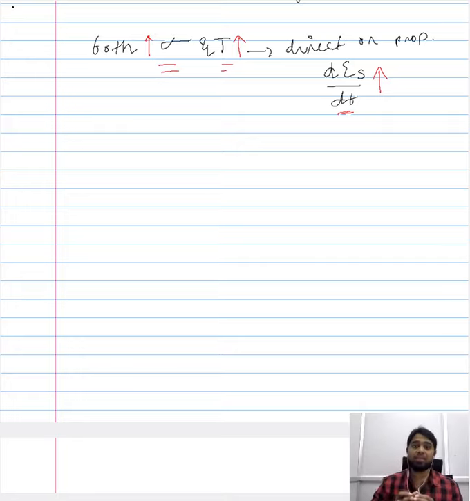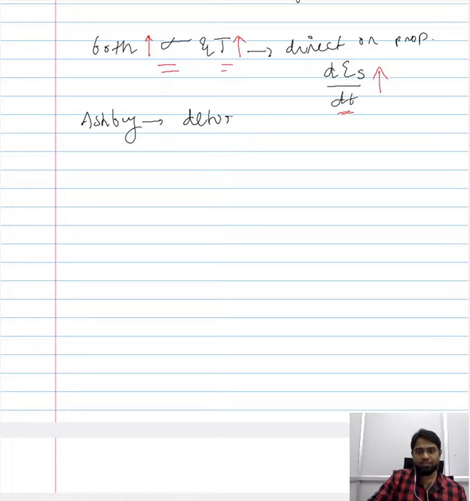Let us see how well we can present this particular information. So this has been done by a person named Ashby, and therefore it is referred to as Ashby's map or Ashby's deformation map.